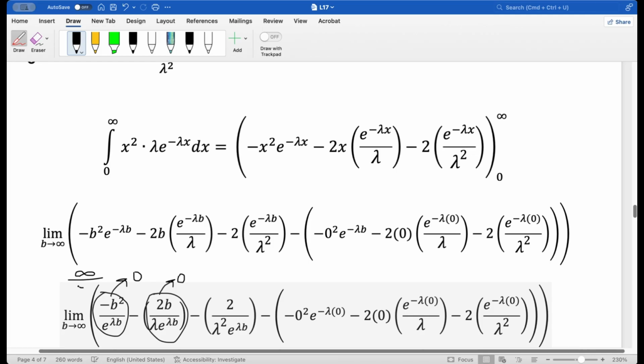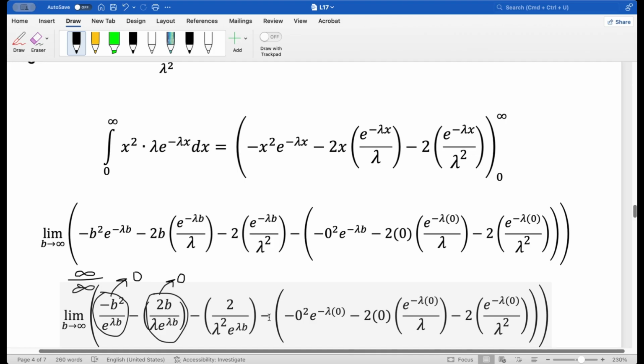L'Hopital's rule on these two in the front. This third piece here, that's a constant over infinity, so that limit is directly 0. In the second part, we have a 0 multiplier in the first two terms, so those are 0. The last term, e to the 0 is 1.